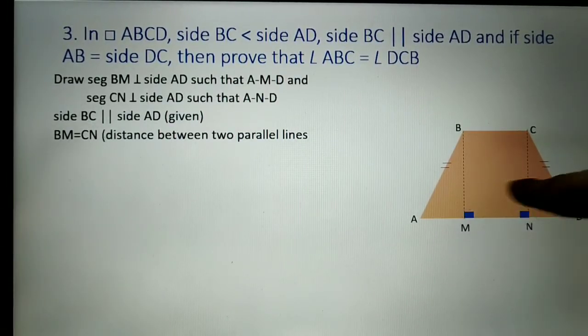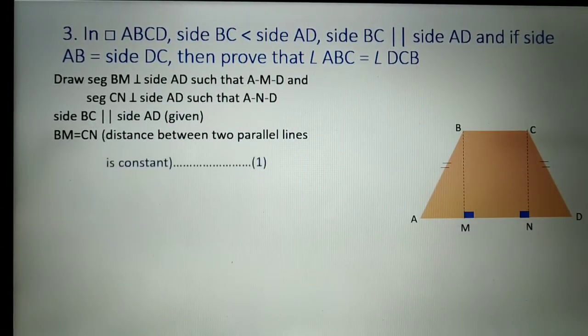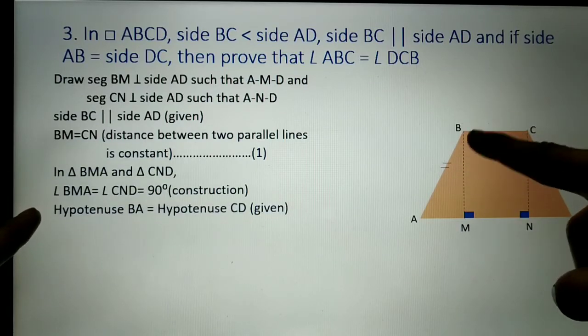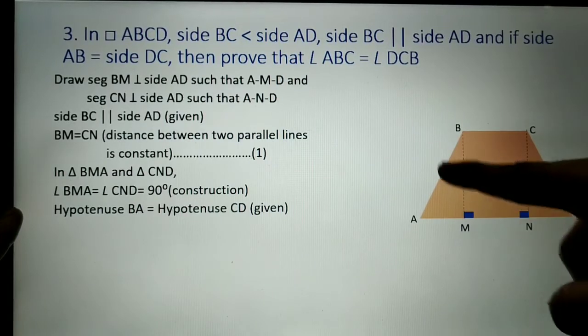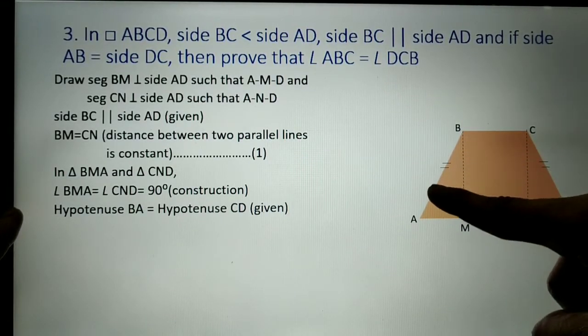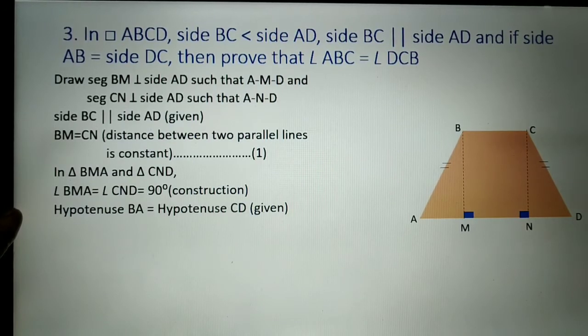Then again we prove these two triangles congruent by the same thing that we did earlier. Angle BMA and angle CND are 90 degrees, and hypotenuse AB is equal to hypotenuse CD.